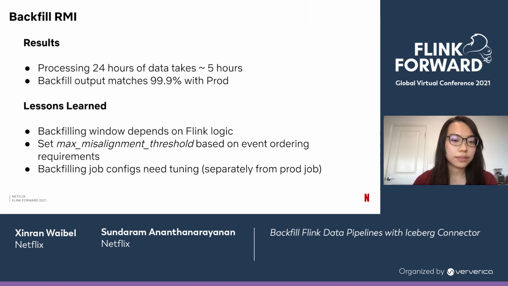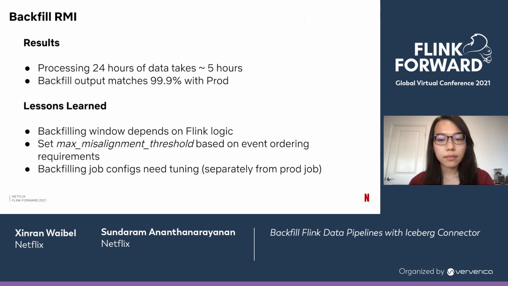Here are some lessons we learned from backfilling RMI. The backfilling window depends on Flink logic. In RMI's case, it allows up to 1 hour of lateness, and also we hold impression and playback data in state for 6 hours. So in order to backfill 1 hour of RMI data, we need to process 8 hours of data. If your Flink application has any event ordering requirement, you need to set the max misalignment threshold.